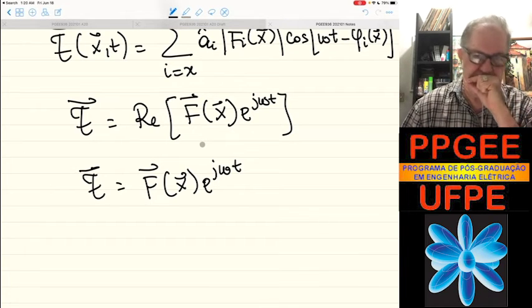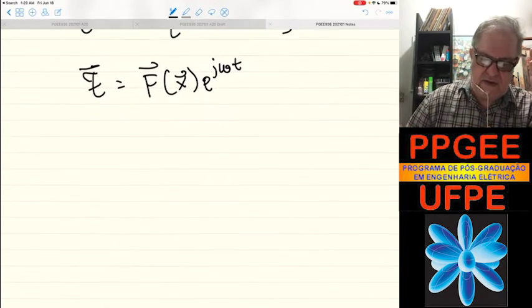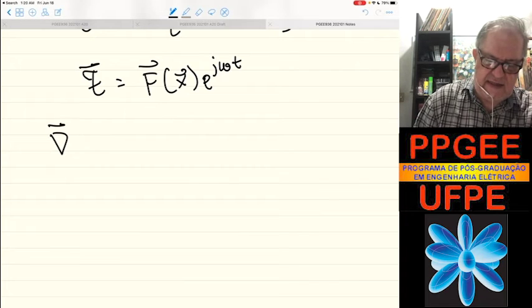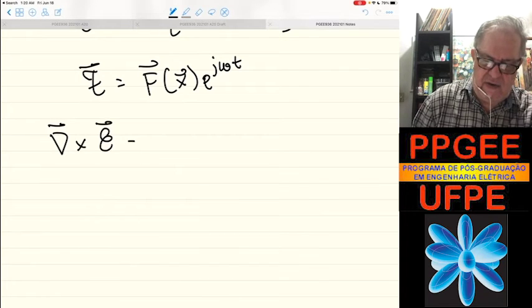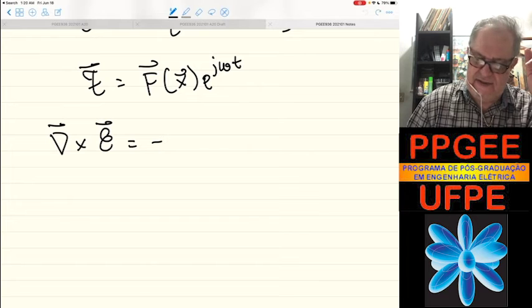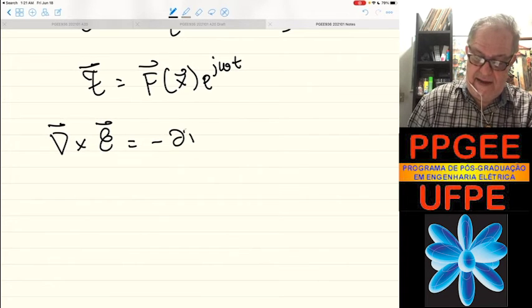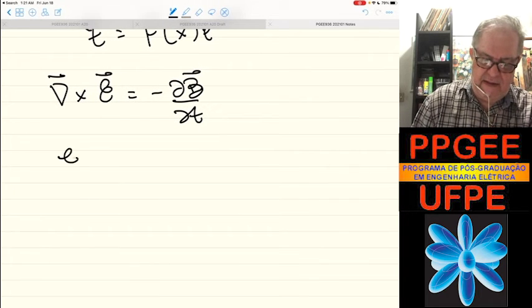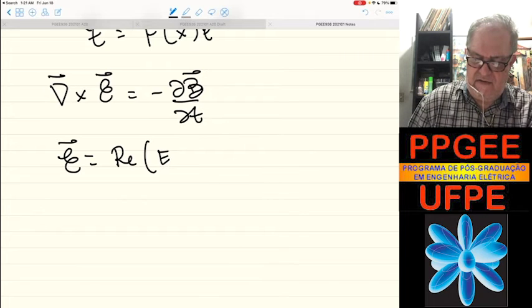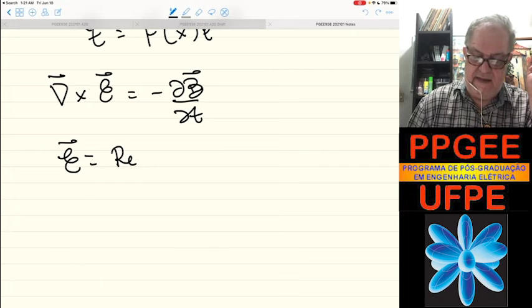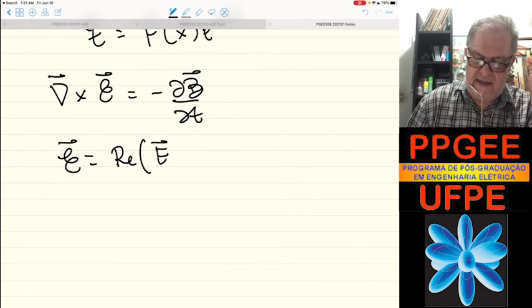So be careful. What happens to Maxwell's equations? Let's say one equation like this: curl of E equals minus dB dt. I'm already writing the equation in complex form. If we write E equals the real part of E of x, I'm going to drop the dependence on the space coordinates.